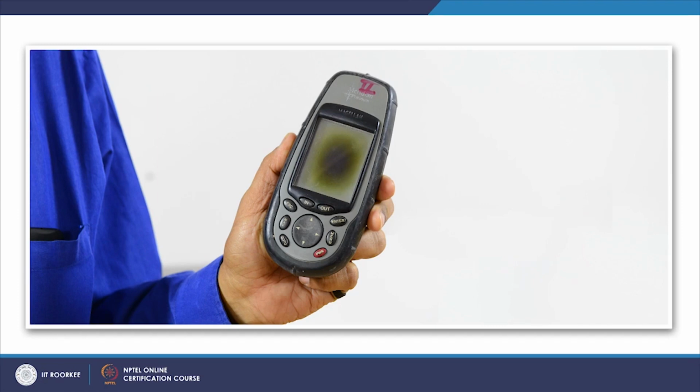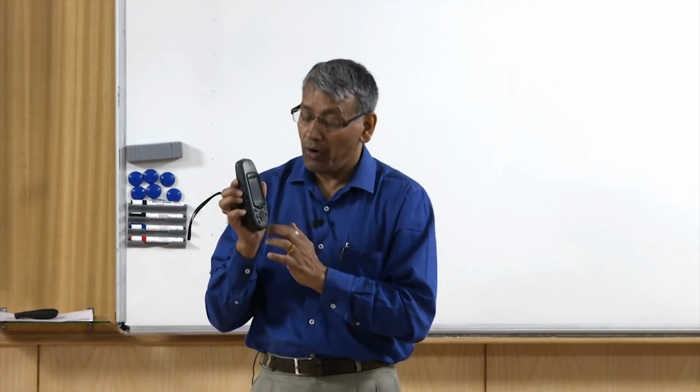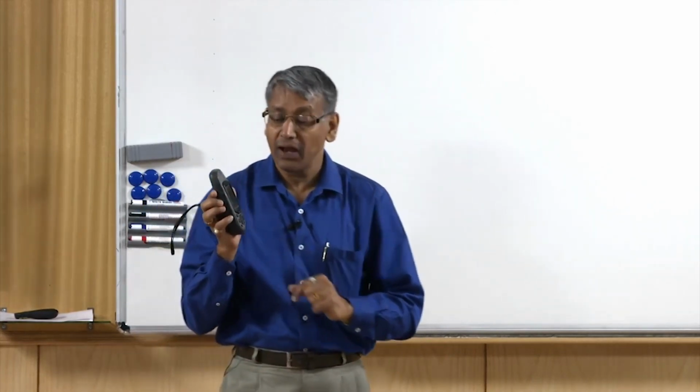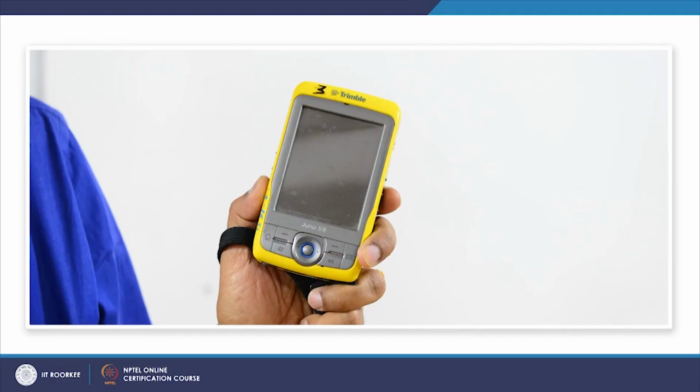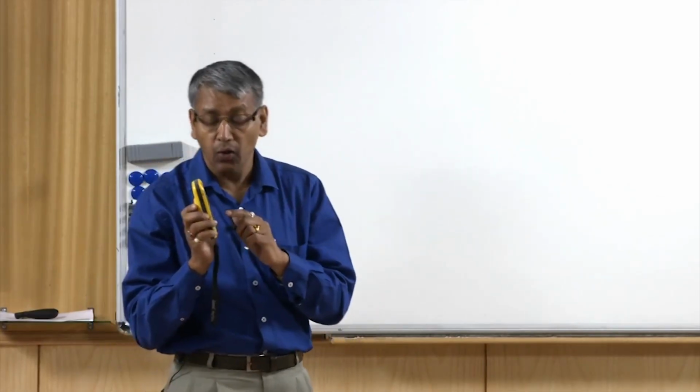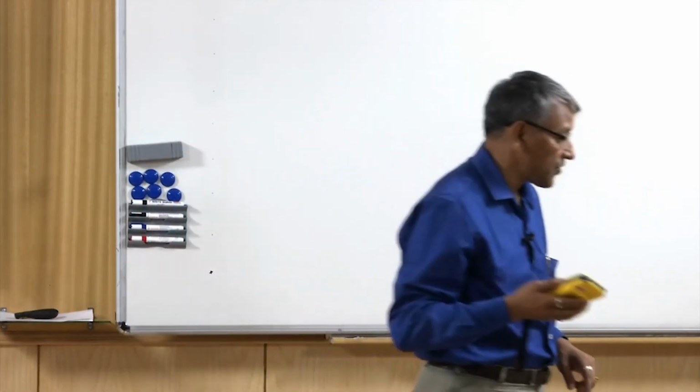This is a GPS receiver where the antenna is encased within the same framework of the electronic hardware along with the receiver and controller. This is another GPS receiver where also the antenna is embedded inside this case along with the controller as well as the receiver.